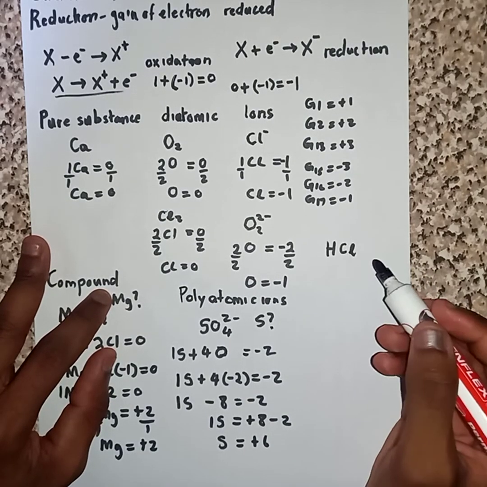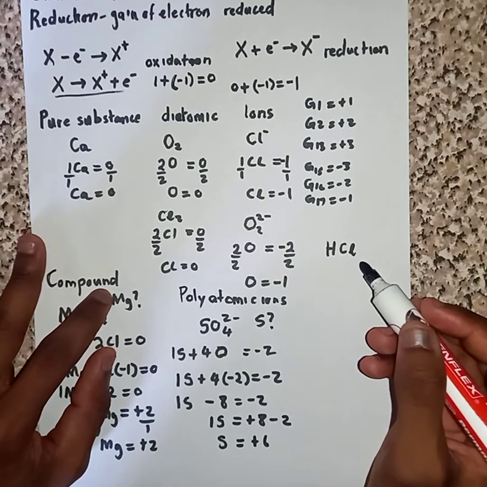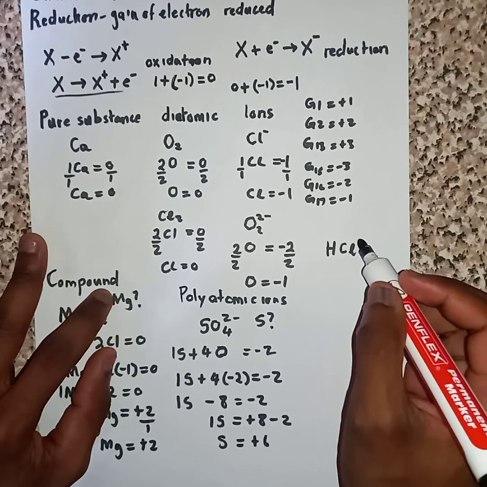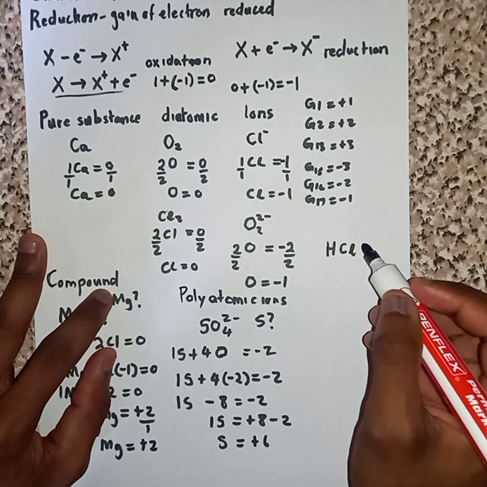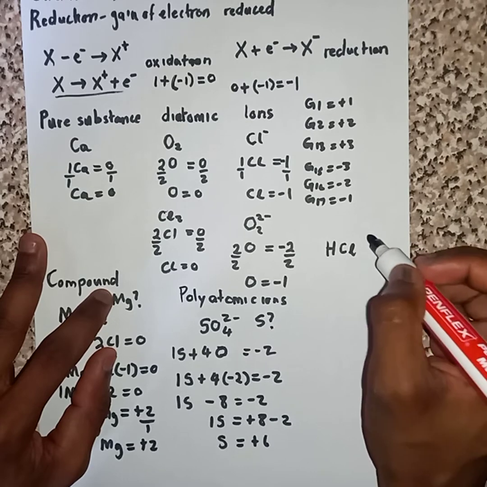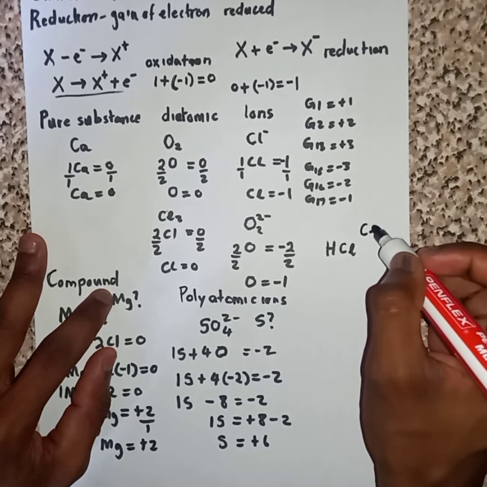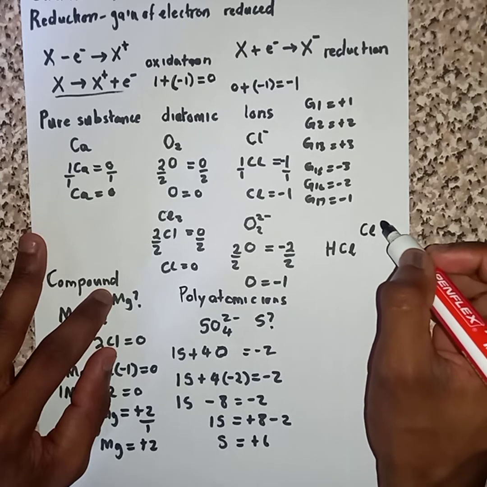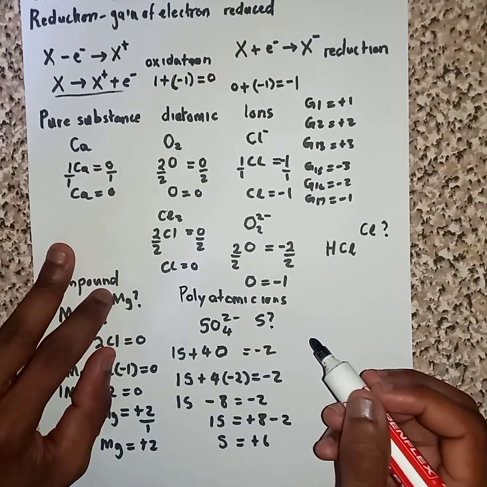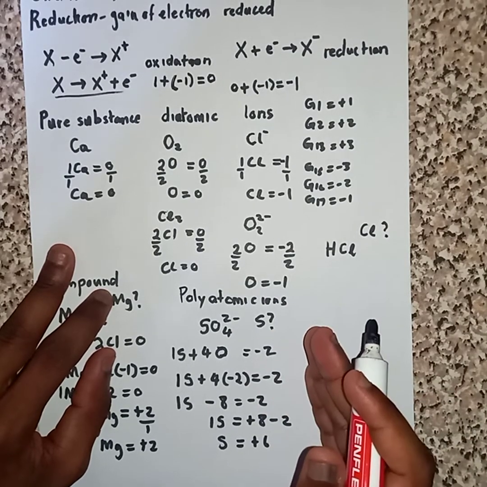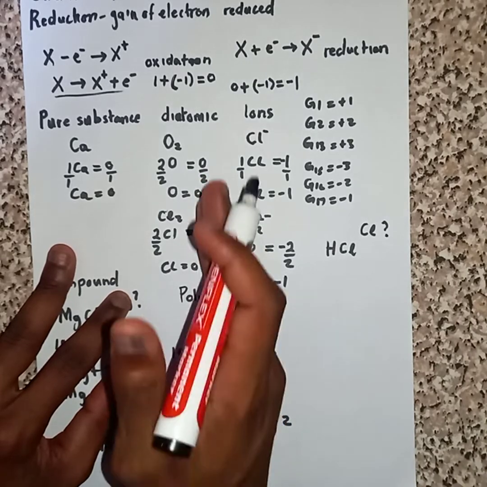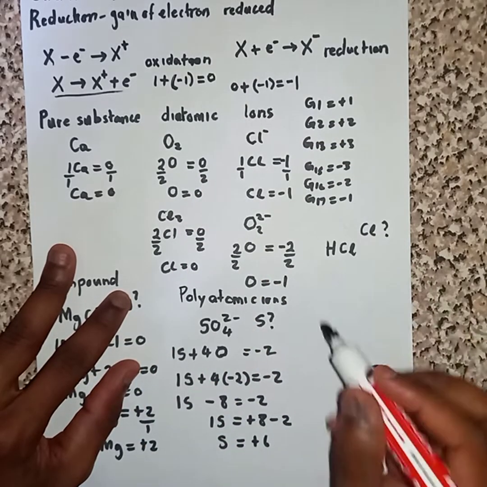How are we going to do it? Firstly, you must consider that the whole thing is going to be 0. I have nothing there on top. They want us to find the oxidation number of Cl. On your periodic table, hydrogen H is in group 1, so it's going to be +1.